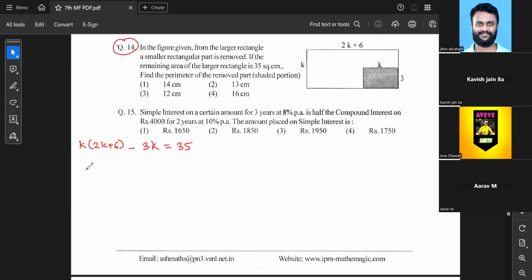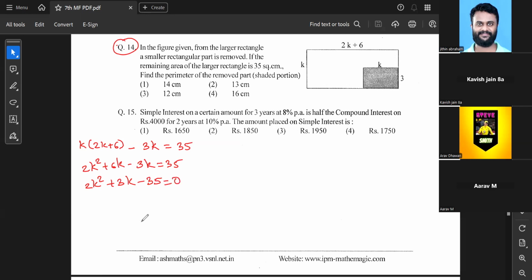So when you multiply this, you'll get 2k square plus 6k minus 3k is equal to 35. That should give you 2k square plus 3k minus 35 is equal to 0.